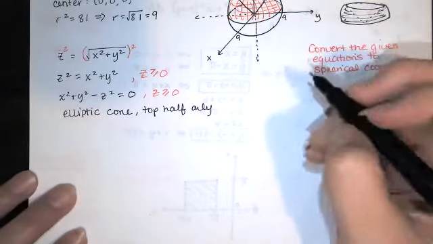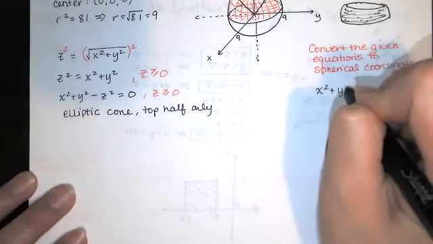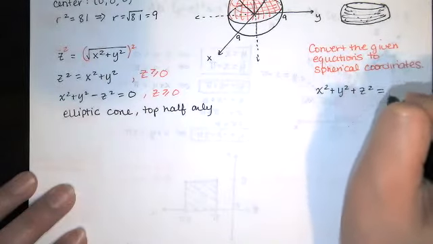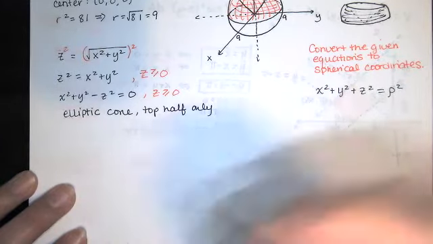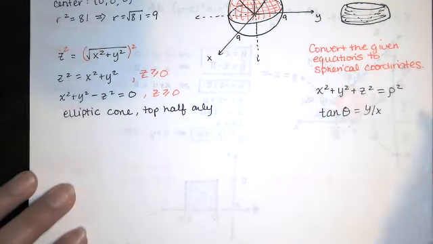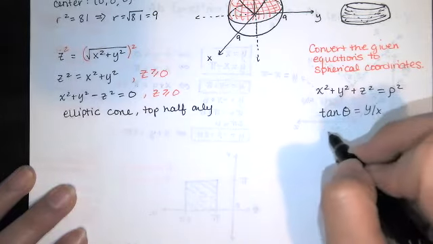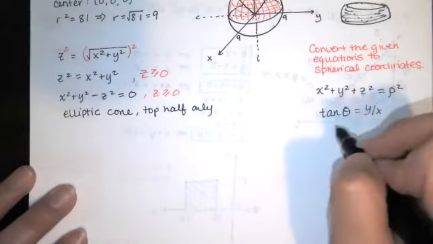And remember what your spherical coordinates conversion formulas are. x squared plus y squared plus z squared equals rho squared in spherical coordinates. Tangent of theta is still y over x, just like it was in polar coordinates. And z is rho cosine of phi.